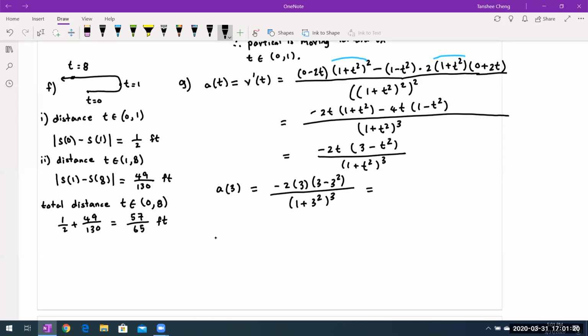When you evaluate this using your calculator, that should give you 9 over 250. And since this is acceleration, this will be feet per second squared. Any questions before I move any further from here?